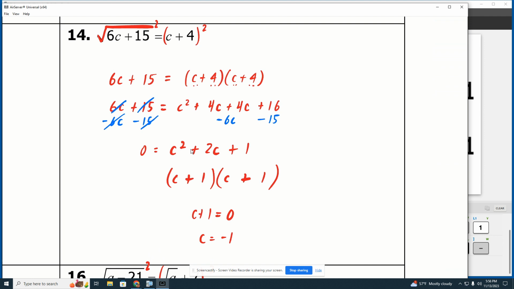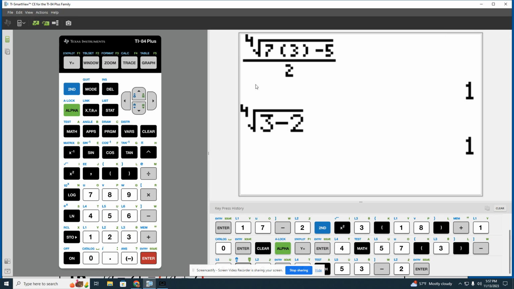Now, real quickly, I'm going to go back to the original. Let me erase it to make sure I remember what the original looked like. And I'm going to type in the square root of 6 times negative 1 plus 15 on one side. And the other side, I'm going to type in negative 1 plus 4, which I really don't have to type in. I know that's positive 3. But anyways, let's do the other one.